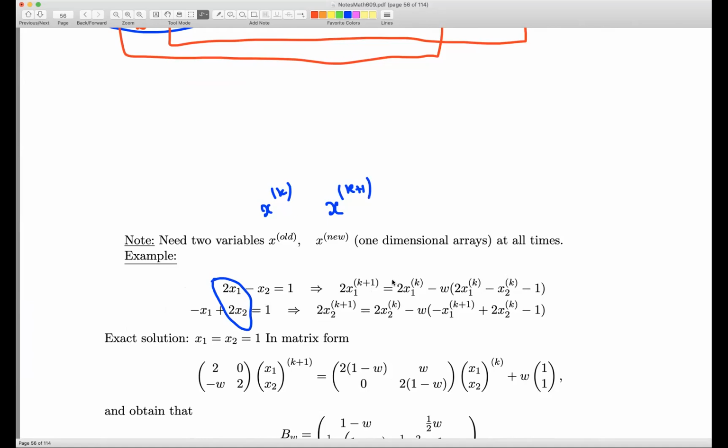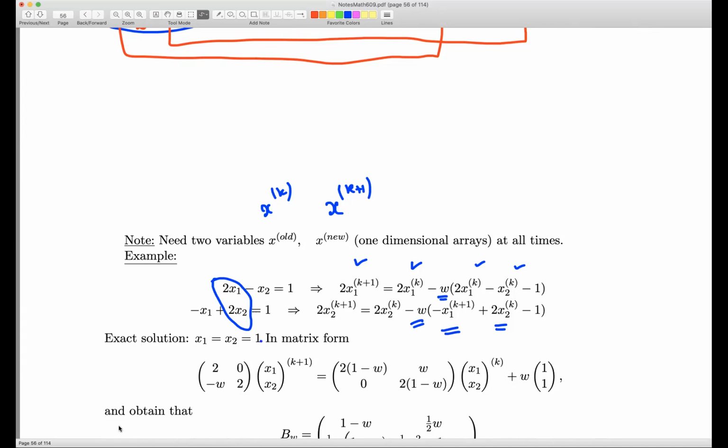Then also the element on the main diagonal will be with index k on the other side. And then we'll have minus W, the elements on the main diagonal and the elements above the main diagonal with index k, and then minus the B, and then the elements below the main diagonal with index k plus 1, and the elements on the main diagonal with index k with the coefficient in front minus omega.